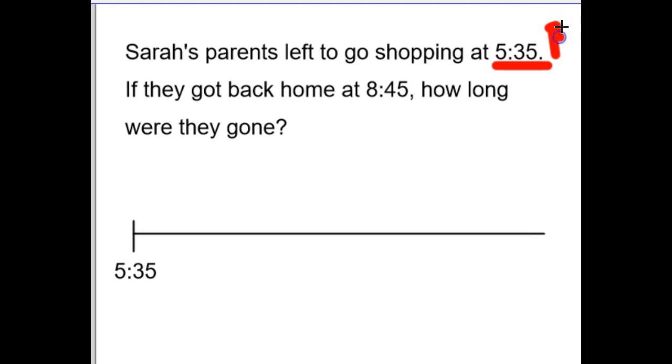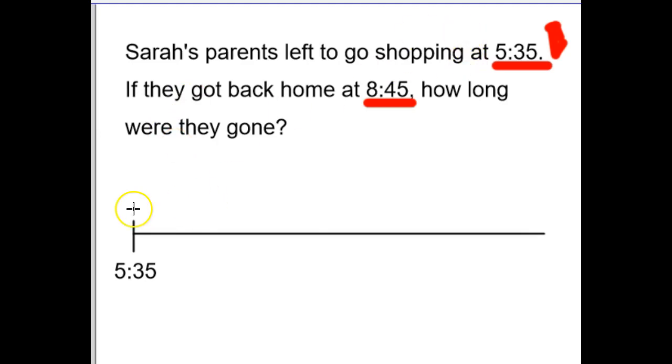That's my begin time. And 8:45 is going to be my end time, and I'm trying to figure out how long they were gone. So what is that elapsed time?